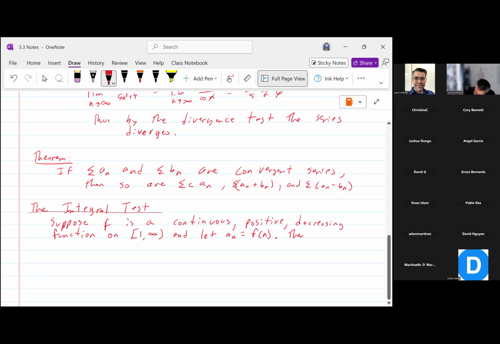Then the series n equals 1 to infinity of a sub n is convergent if and only if the integral of 1 to infinity of f of x dx is convergent.